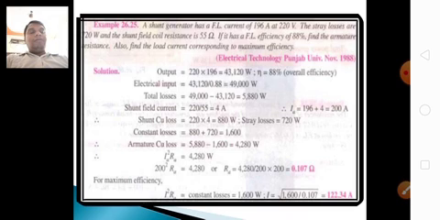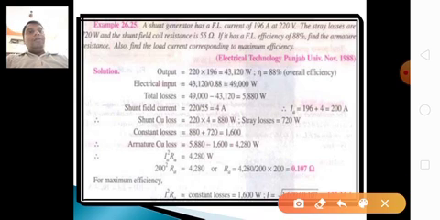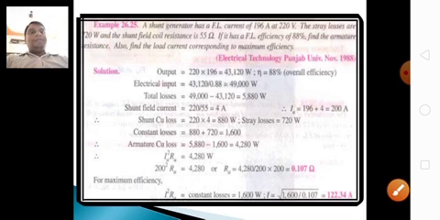So we get the value of IA. Here we have already found the armature resistance, and from this armature resistance we find the load current corresponding to maximum efficiency. From the armature current we then find the load current, that is IL.